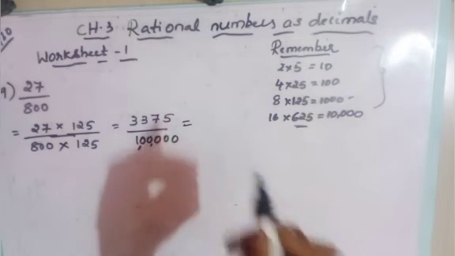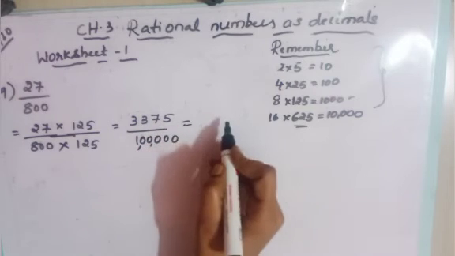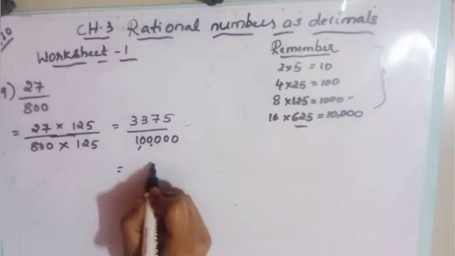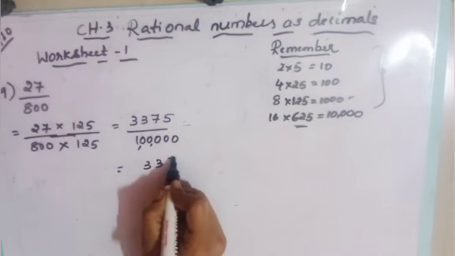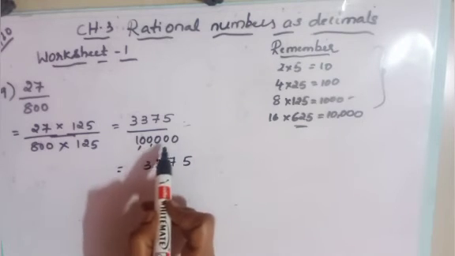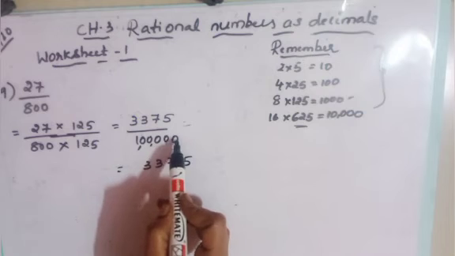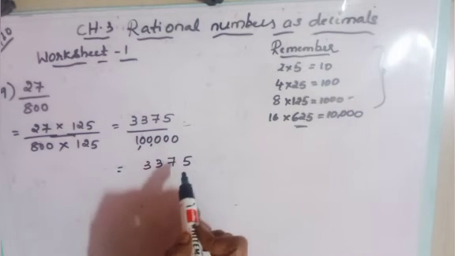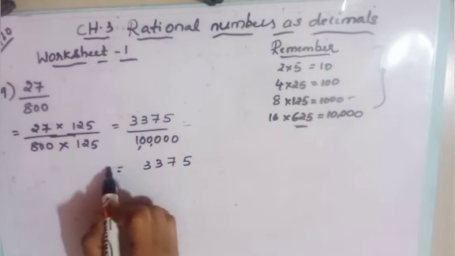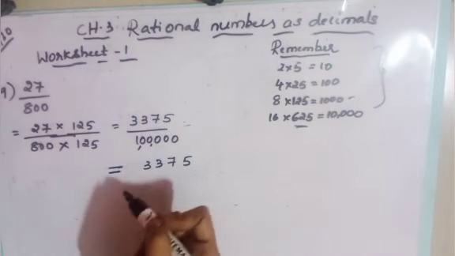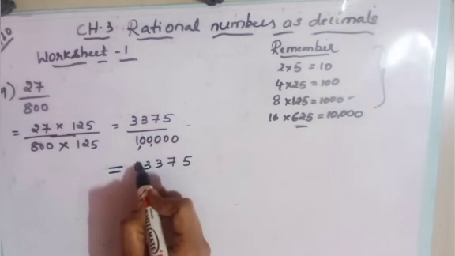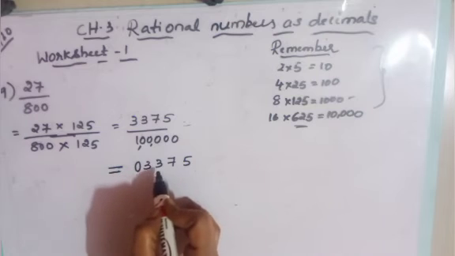See here, write this number as it is, that is 3375. In the denominator, how many zeros does it have? For 1 lakh, 1 2 3 4 5 zeros. So we should have 5 digits here. 1 2 3 4, we have only 4 digits. So still one more digit is required. So I'll write 0 in front of this number. So the number will be 03375.